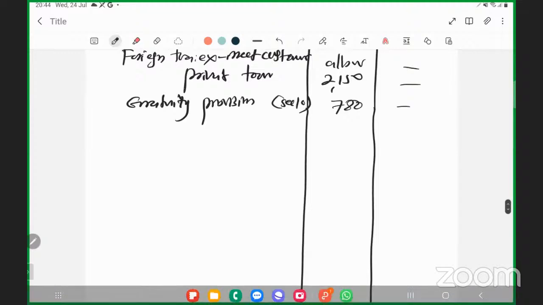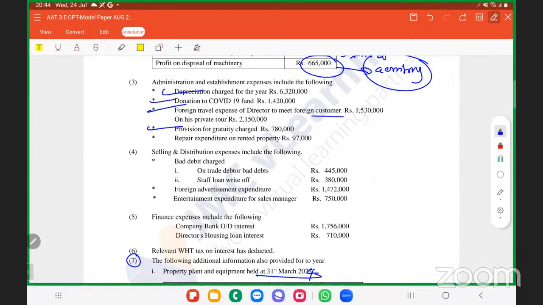But regarding this gratuity, you have to keep in mind that if there is any actual gratuity paid, you can deduct that as an expense.